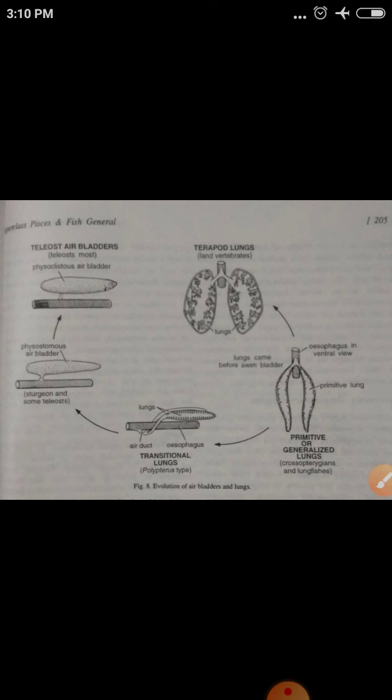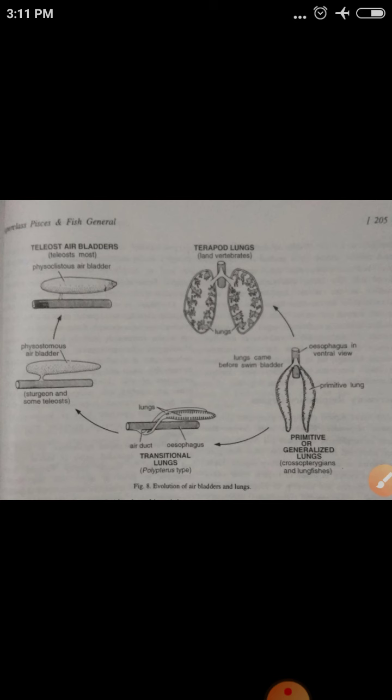Then the evolution of air bladder and lung. In this topic, fossil record indicates that early bony fishes evolved lungs as an adaptation to the unreliable freshwater conditions of the Devonian period.